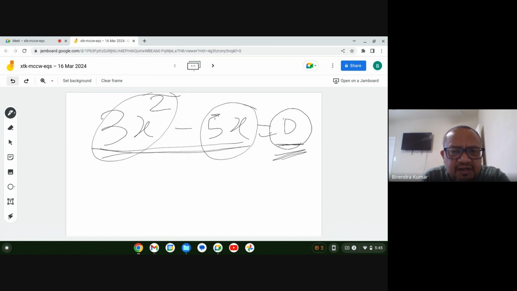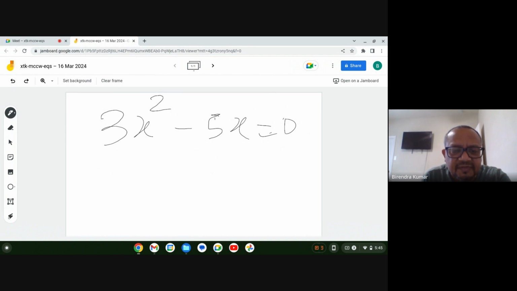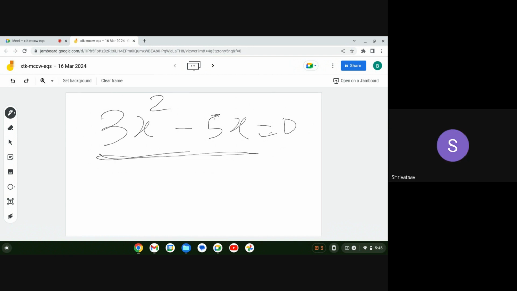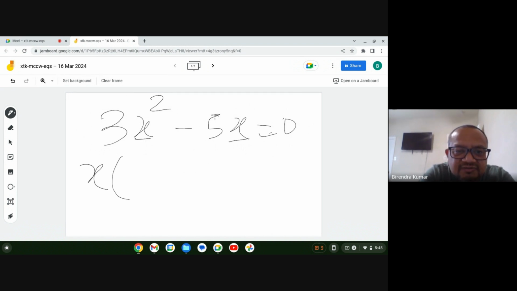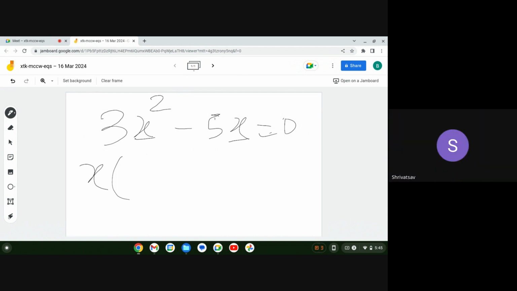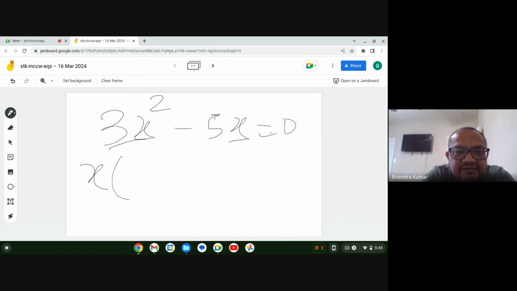Not very difficult. We'll always look at what is common between these things. We are just trying to make this as something into something. Let's find out if there's something common here. What is common between the two is x. This one also has x and this one also has x. If I take an x as common here, what is left in this guy?